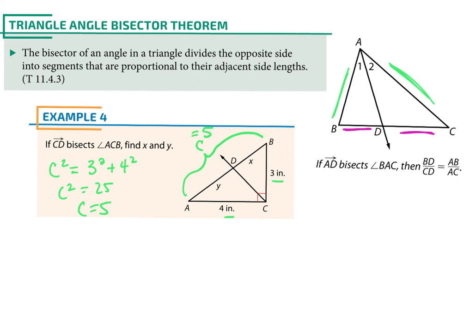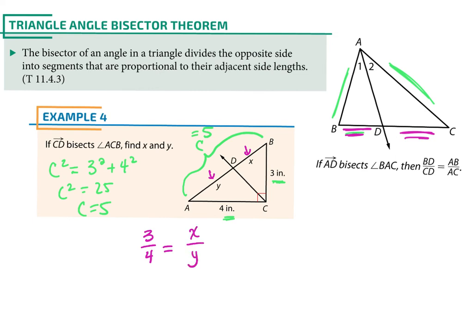So if I'm looking at proportions then, there's a couple ways I can do this. Just like I did here, if I have 3 over 4, so that's my first proportion like we did here. We did these two sides over each other. So 3 over 4 should equal this piece over this piece. All right, so x over y.